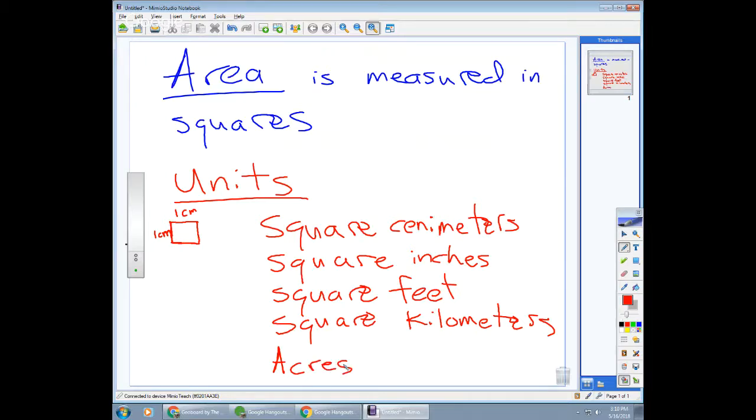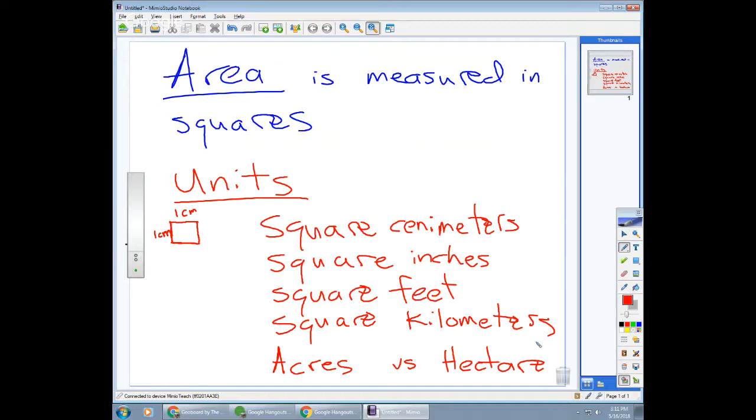And does anybody know the metric idea that's like an acre? It's called a hectare. And so acres and hectares, they're measures of area, whereas a kilometer is a linear measure turned into an area measure by going 1 kilometer by 1 kilometer perpendicular.